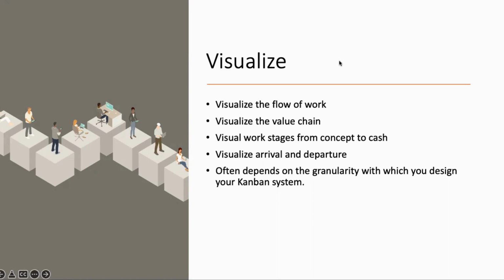When you generate the ideas, you convert them into deliverables, and certainly you earn your revenue or money by selling it to the customer. So what are the various work stages that you have from concept to cash? Until and unless you make those work stages transparent, you cannot manage the flow.